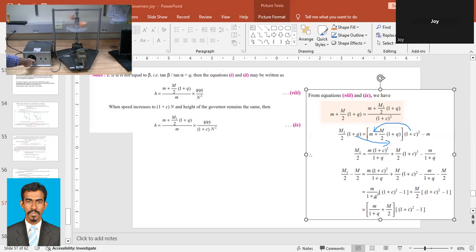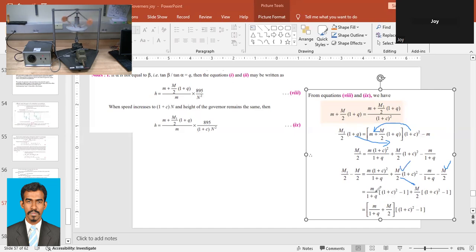M upon 1 plus q into 1 plus c whole squared minus 1, minus this term m upon 1 plus q, plus, so this term is here, capital M by 2 into 1 plus c whole squared minus this m by 2. So when you open this bracket, you can see m by 2 into 1 plus c whole square, that's here. M by 2 into 1 minus 1, that is minus m by 2. That term is here. So this term is there, this term is there.